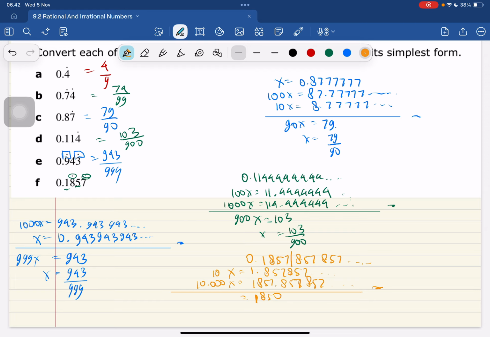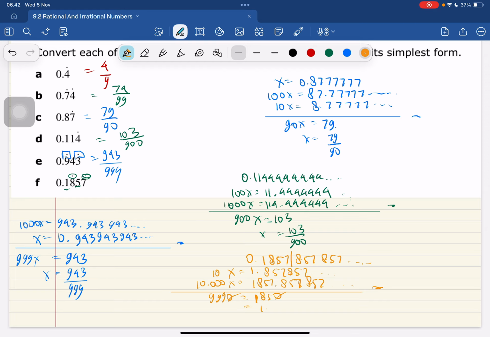We minus it, so it's going to be 1,850. We divide by, so we got 10,000 minus 10, we got 10,000, then we minus it by 10, so it's going to be 9,990. We could simplify it, so this is going to be 185, isn't it?